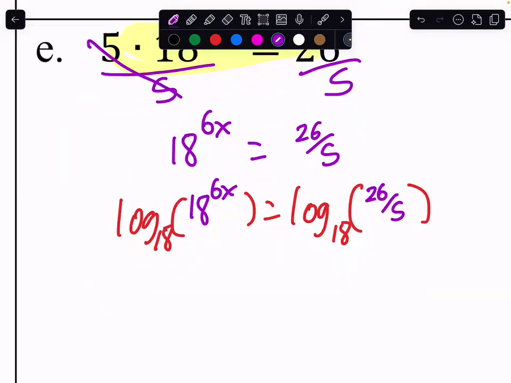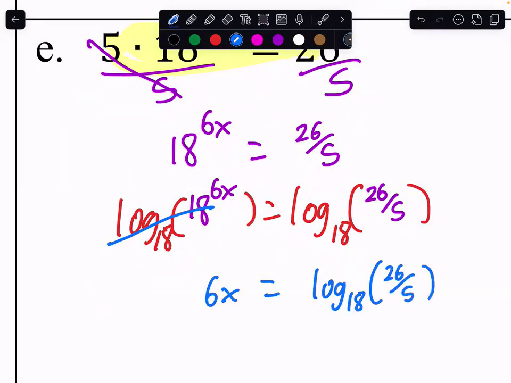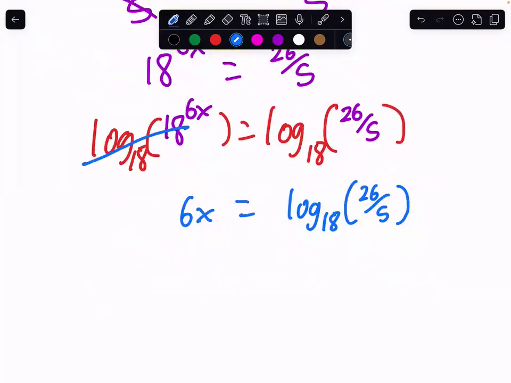These cancel out, leaving the 6x behind. And this side can't simplify, so just keep it as is. Then we're not done yet because we don't want 6x, we want just x. So 6 times x, the way to get rid of the 6 is divide both sides by 6.